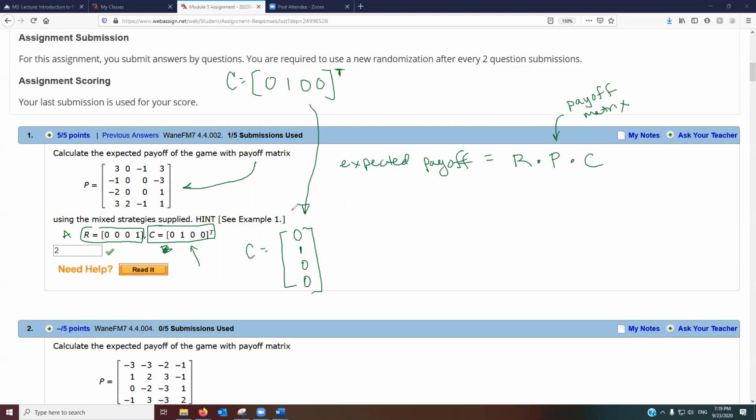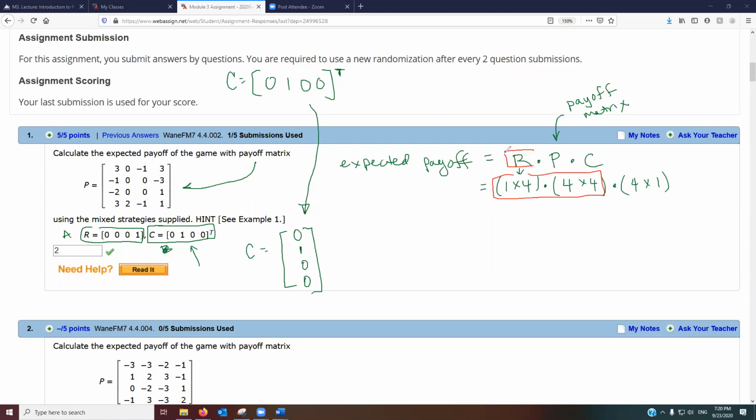All right, first, let me write down the dimensions of these matrices because I got to check, can I really do this multiplication? Well, R is 1 row by 4 columns. P is 4 rows, 4 columns. And the column matrix here is really 4 rows, 1 column. So let's do R times P to get started on this.